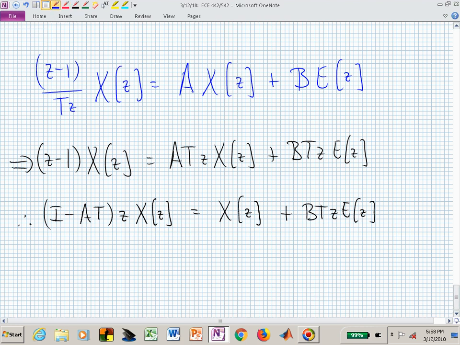Everybody okay with the algebra? No? This piece is right there with the I times z. The ATZ is AT with the z factored out, and it's now on the left, so I had to subtract that from both sides.